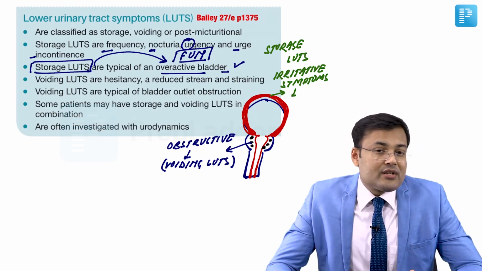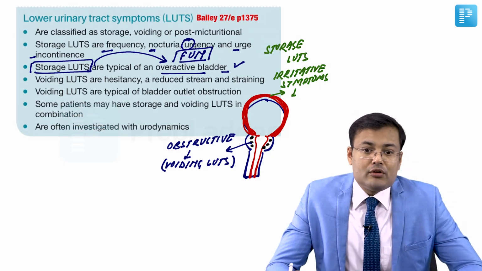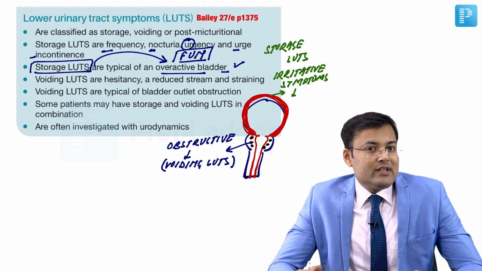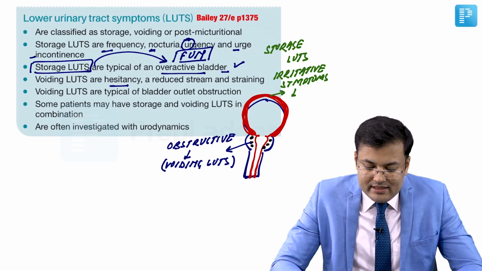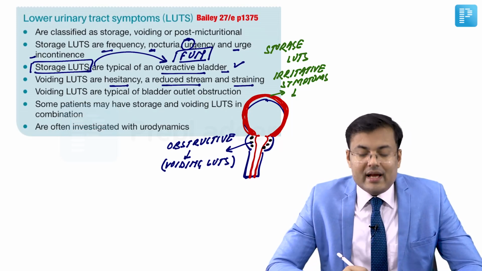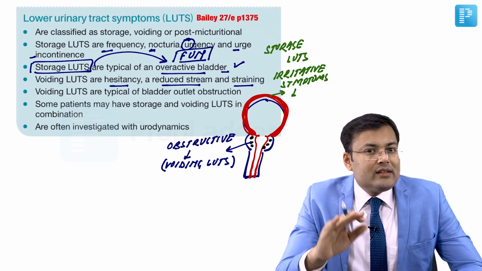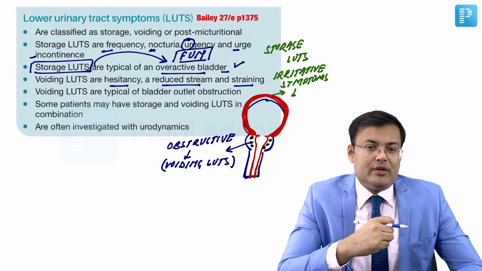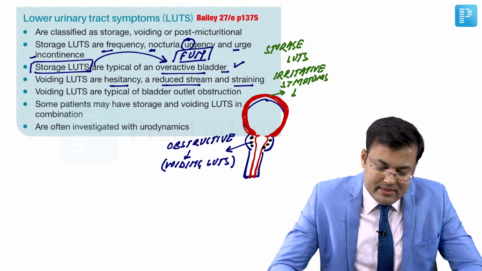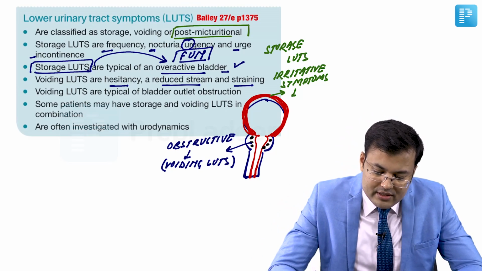And because of obstruction, there are obstructive symptoms, which are also known as voiding LUTS. So obviously in that there is hesitancy, reduced stream and straining. When the patient has passed urine, if some symptom occurs after that, that is post-micturition.